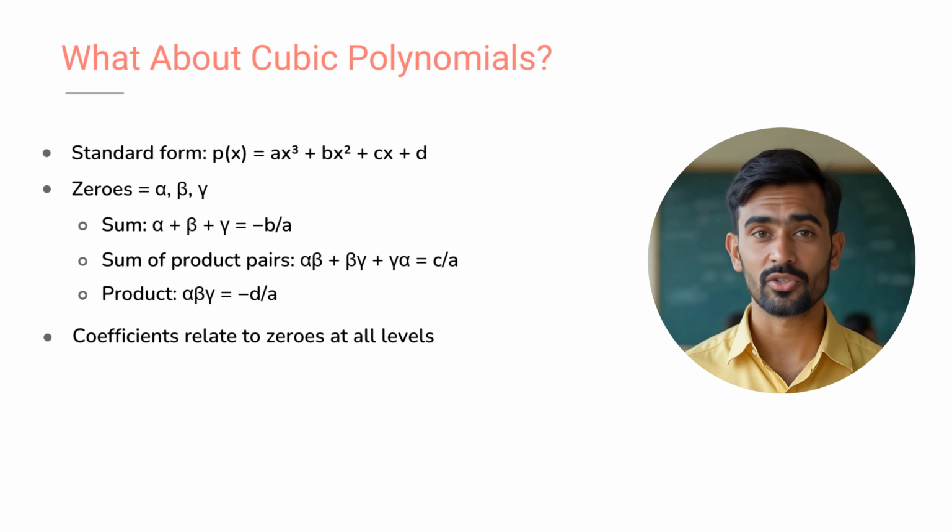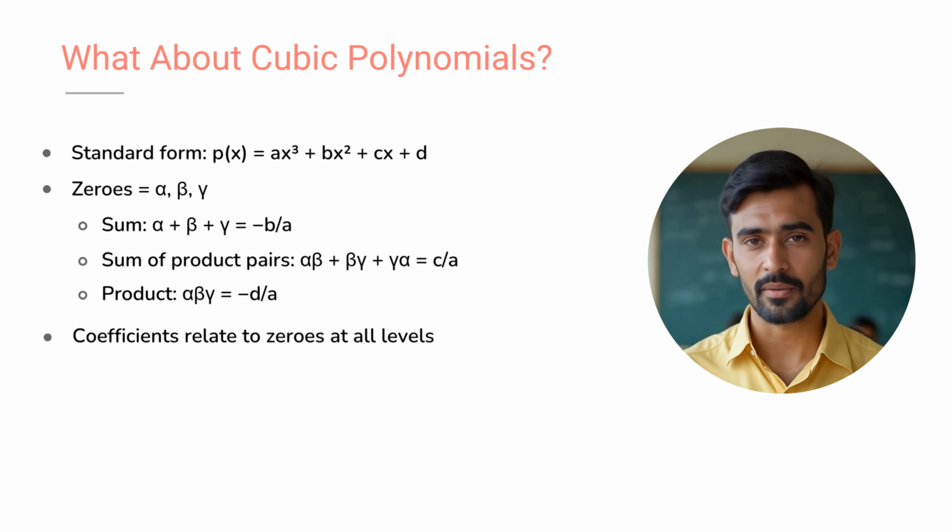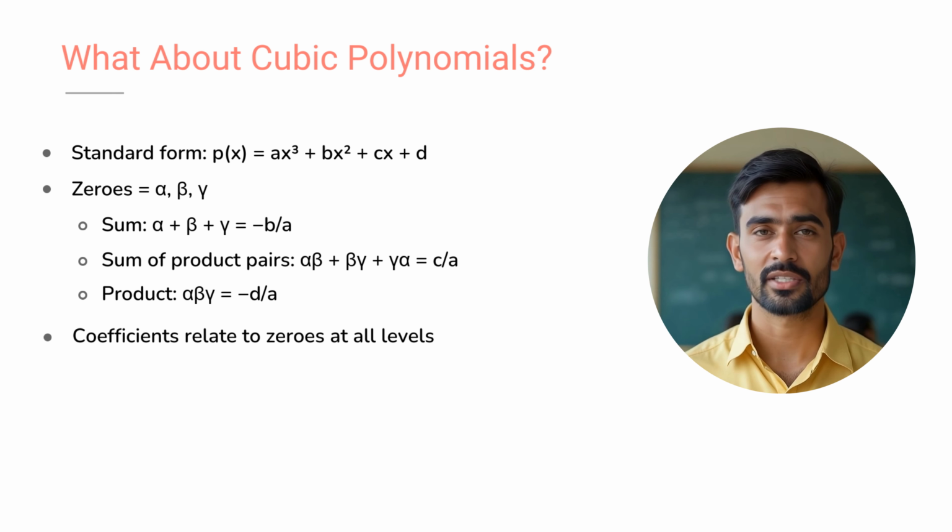Now let's step into the world of cubic polynomials. For a cubic polynomial, p of x equals ax cubed plus bx squared plus cx plus d. Let alpha, beta and gamma be its three zeros. Then the sum alpha plus beta plus gamma equals minus b divided by a.